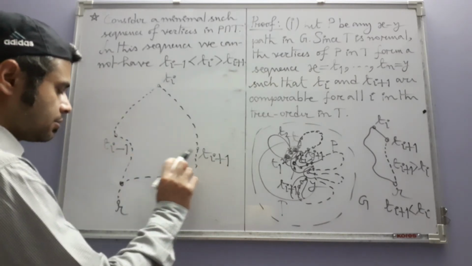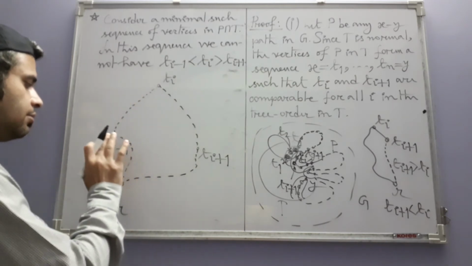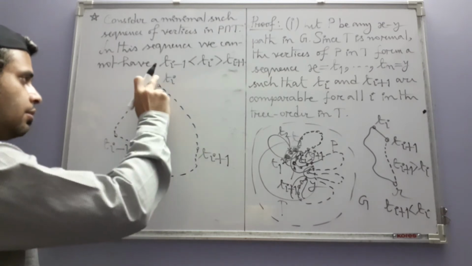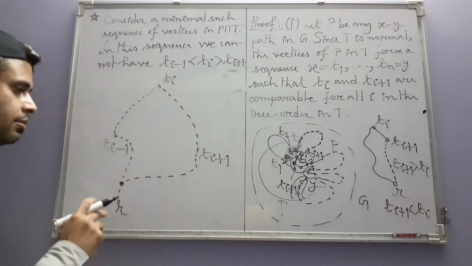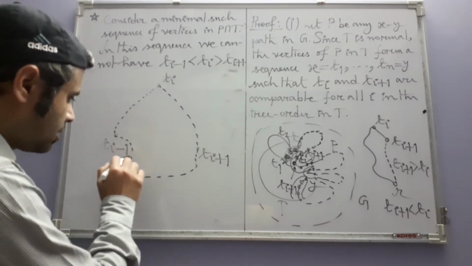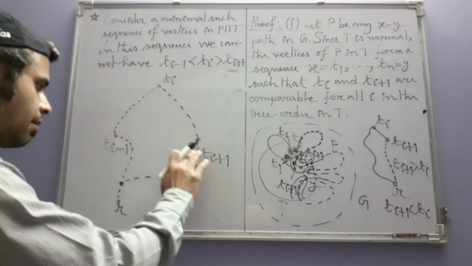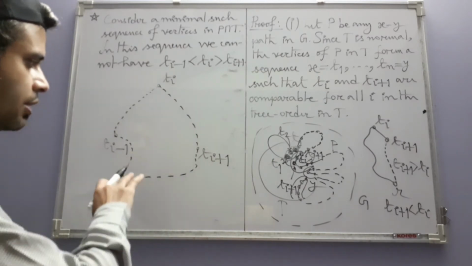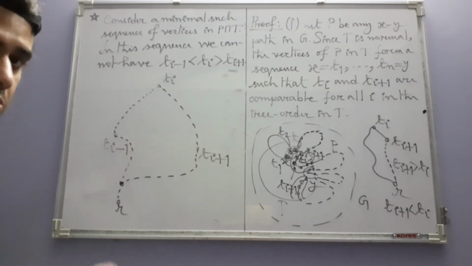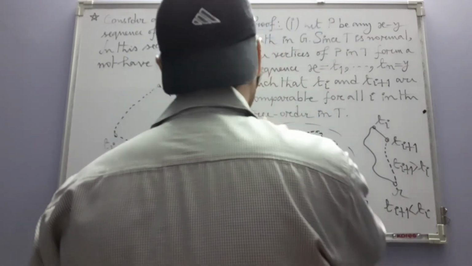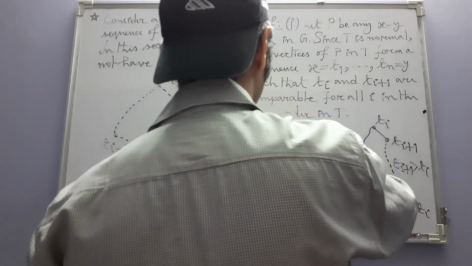Because in that situation, Ti minus 1 and Ti plus 1 belong to the same path linking Ti and R, and that path also belongs to our tree. If Ti minus 1 happens to be above Ti plus 1, then it is greater than Ti plus 1. Otherwise, it is less than Ti plus 1, but they are comparable. So that's the point here. But then what happens? Fine, they are comparable, so what?